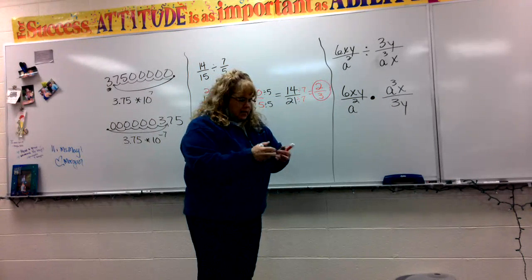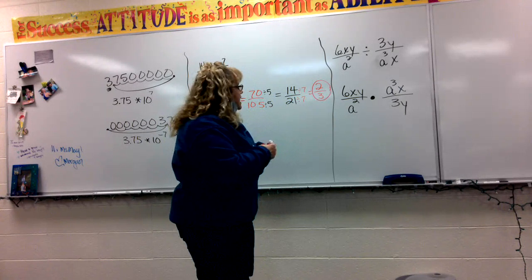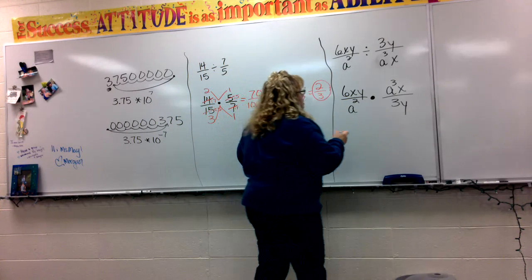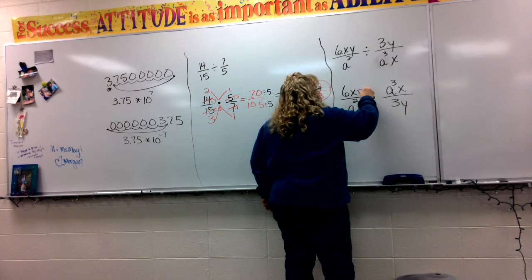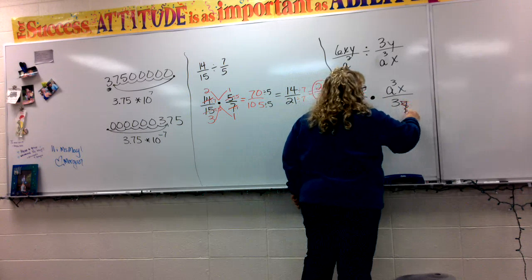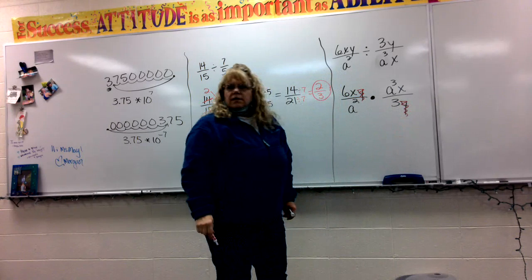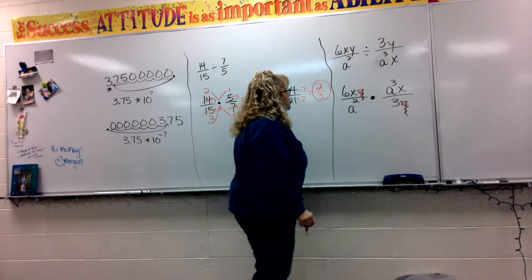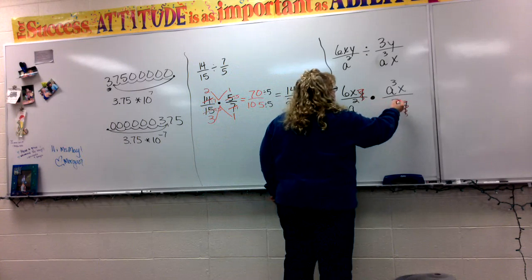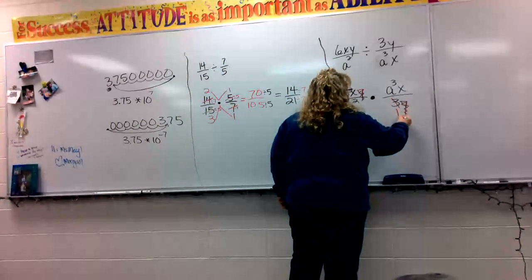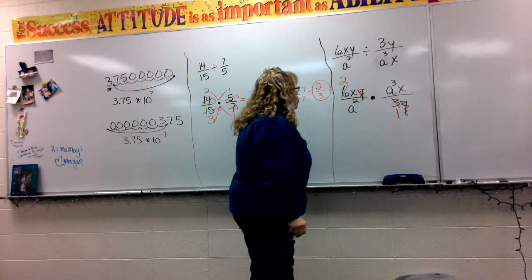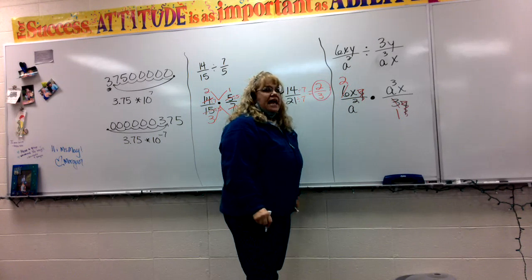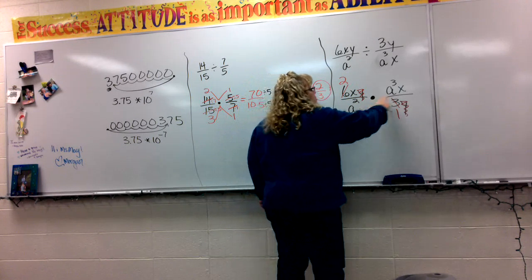So anything, top and bottom, you can cancel. Doesn't matter if they're this way or that way. I have a y on top and a y on bottom. You can cancel it. I have a 6 and a 3. 3 goes in there. 3 goes in there. What else? The a's. 2 of them. 3 of them.